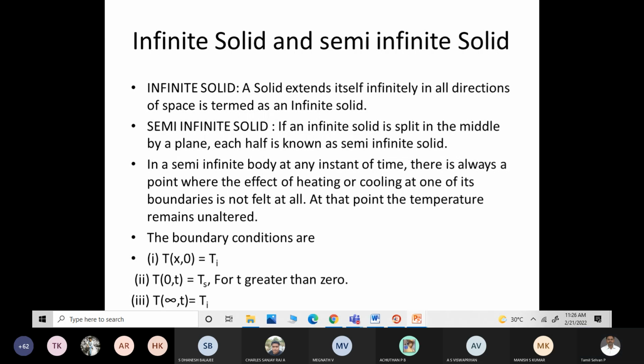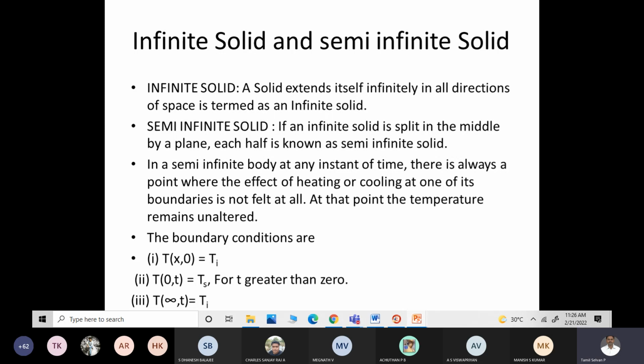So rain splashing or water splashing on a national highway or a very long highway on a hot summer day can be taken as a semi-infinite solid, and we can proceed with the problem.